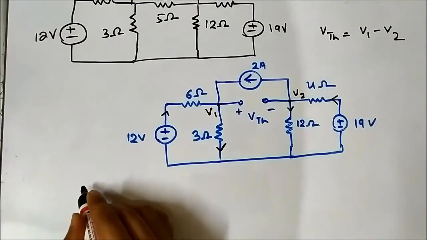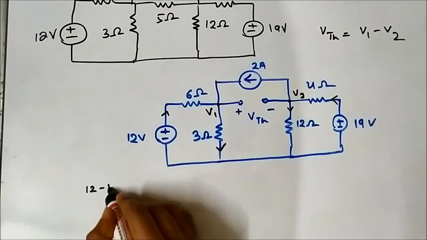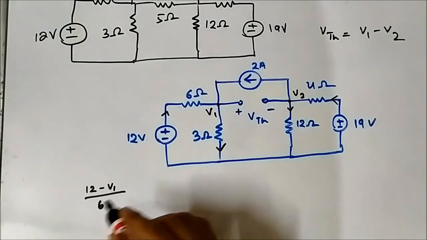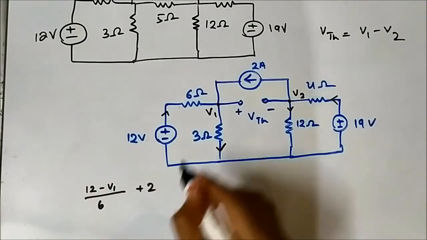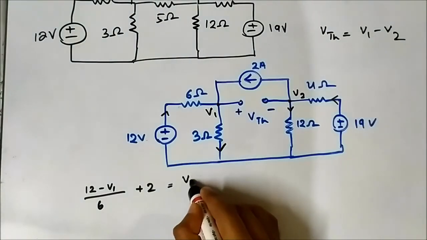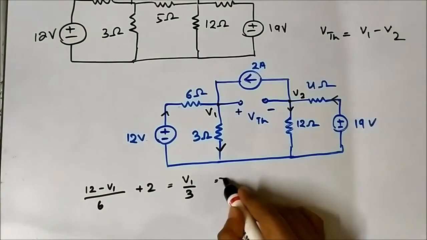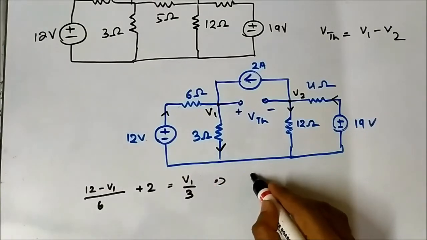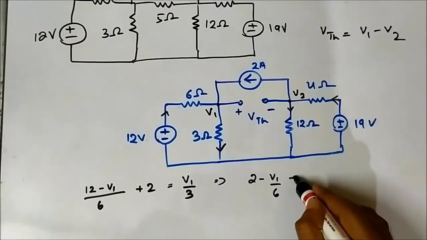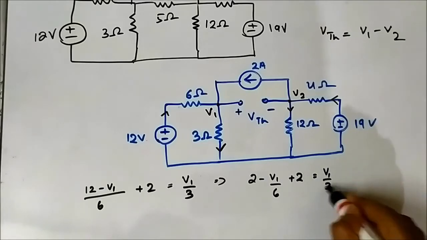So (12 minus V1) by 6 plus 2, the incoming currents, equals the outgoing current, V1 by 3. That implies 2 minus V1 by 6 plus 2 is equal to V1 by 3.